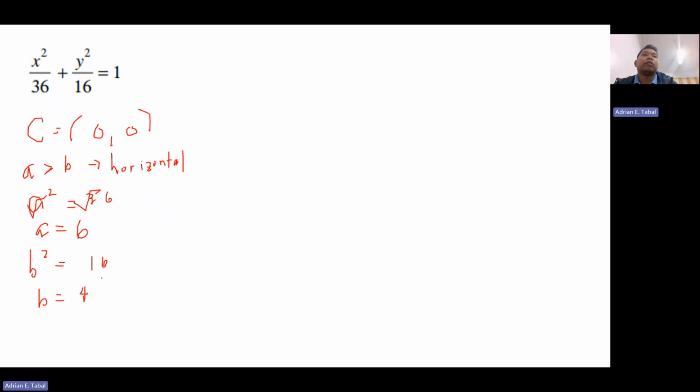So what are the tasks? We are going to find first the coordinates of our vertex. Since 36 is greater, this is horizontal. The formula for the vertex of a horizontal ellipse is H plus or minus A, then K is the coordinate.